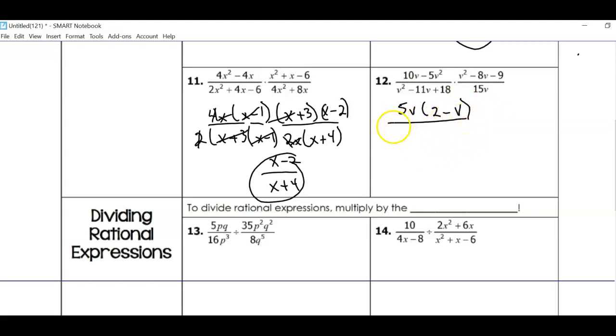So that's going to be -2. So v minus 2 over v minus 9. Okay, times 15v stays down here. And up here I have v minus 9, v plus 1.